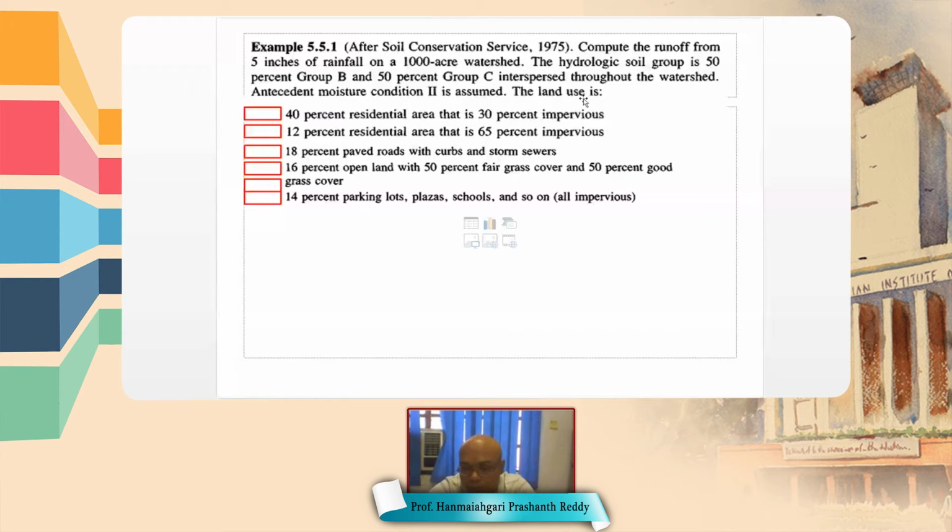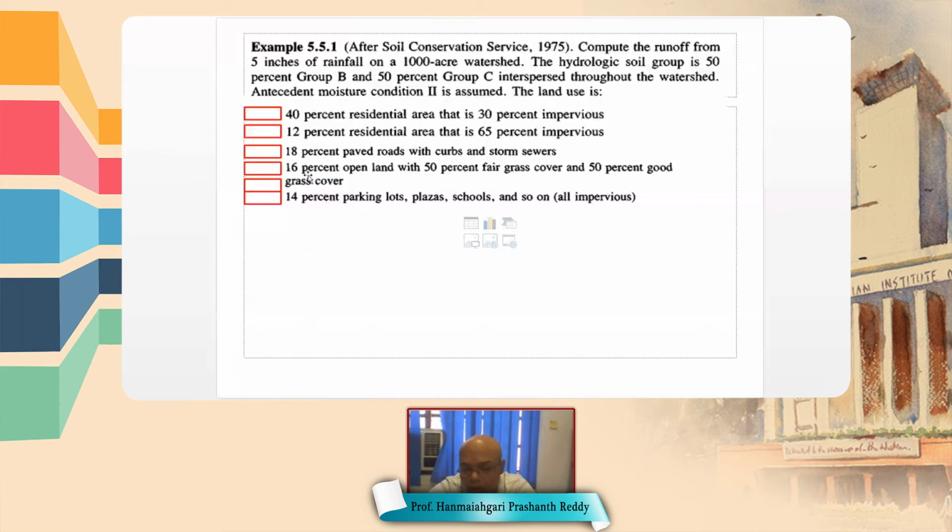and the land use is given as 40% residential area with 30% impervious, and 12% residential area that is 65% impervious. Then 18% of the area is paved roads with curbs and storm sewers.